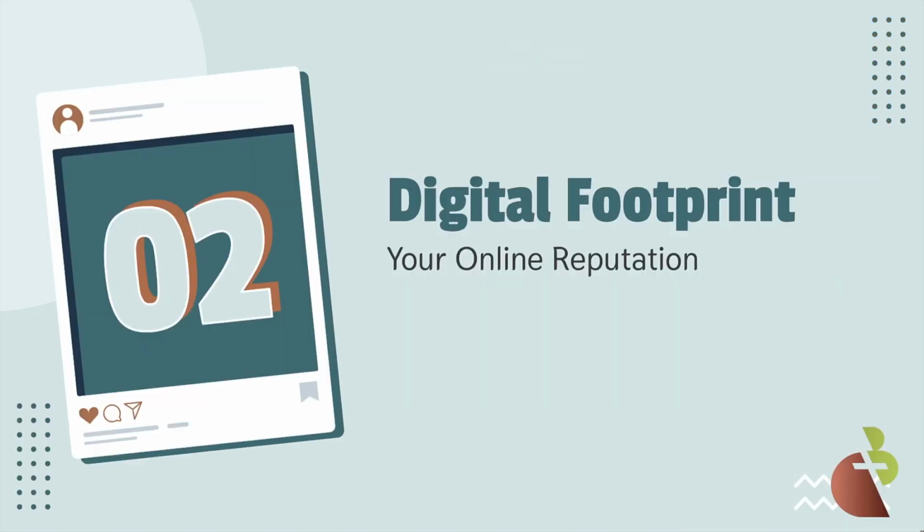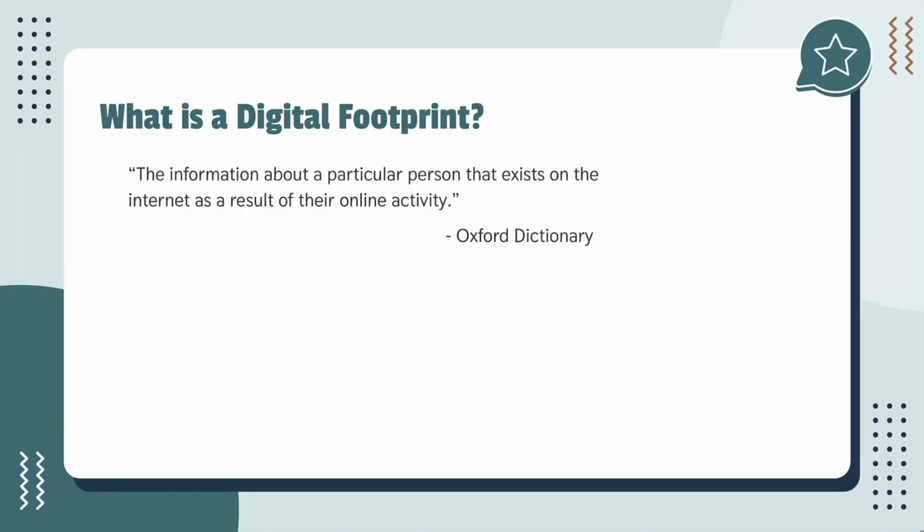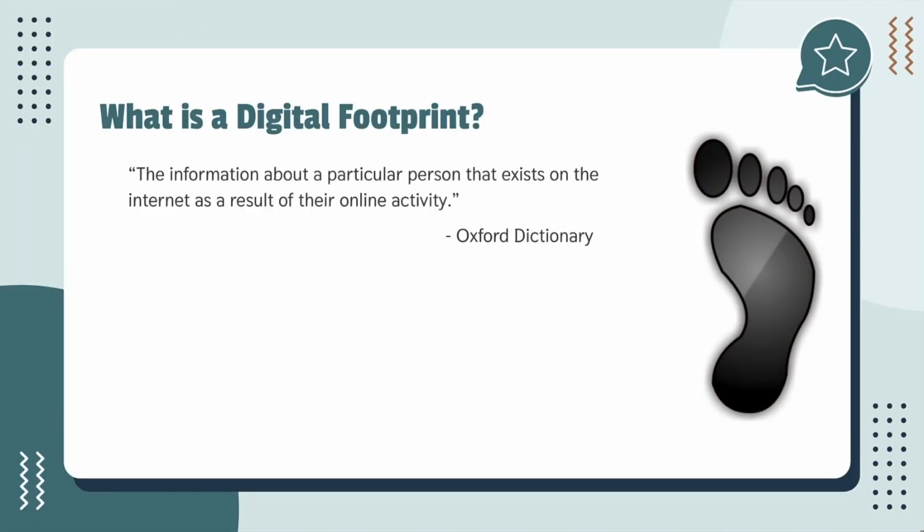So let's talk a little bit about digital footprints and what is our digital footprint. Essentially this is our online reputation. Really, when we look at this from the perspective of the dictionary, it says that it's the information about a particular person that exists on the internet as a result of their online activity. Now, what activity might that be, and how might that lead into us having a digital footprint?